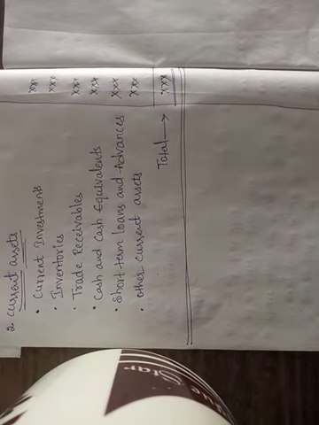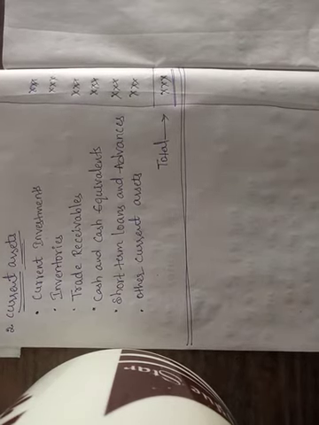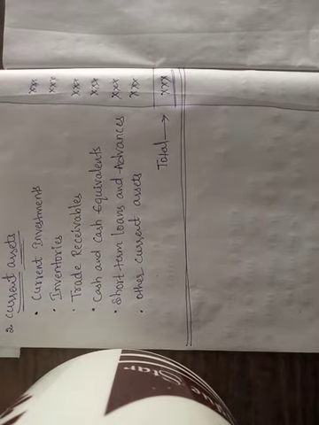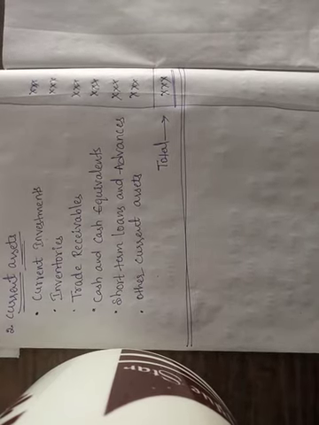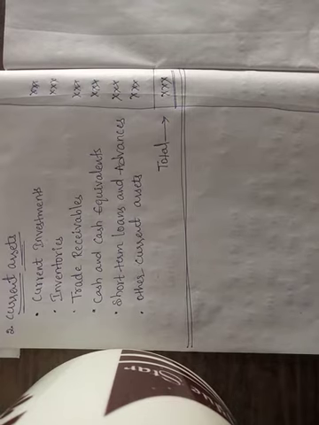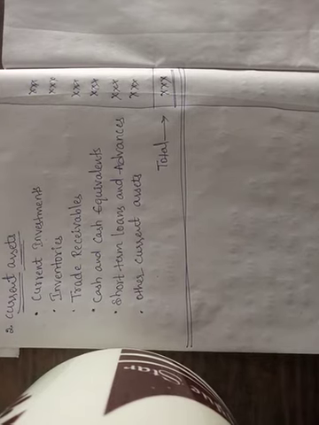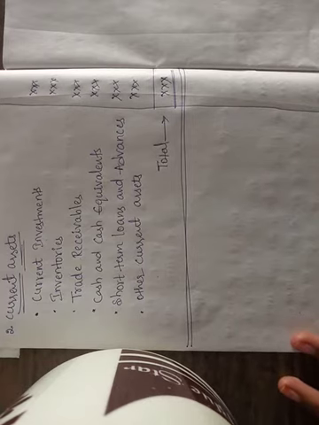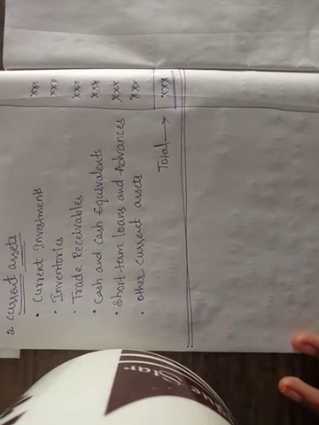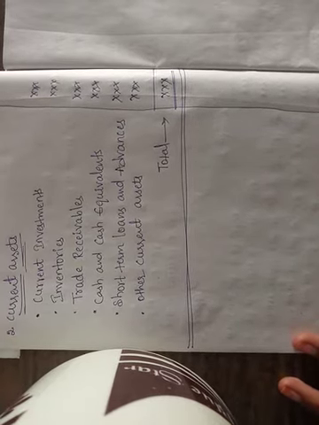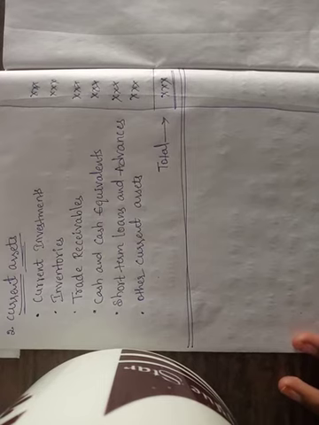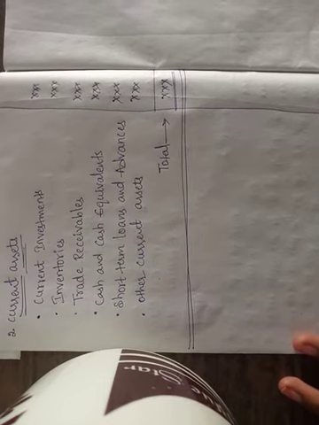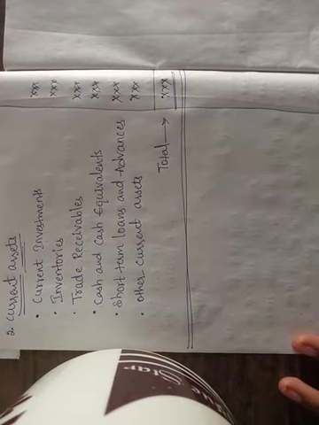Then only your balance sheet is correct, otherwise wrong. You know what the assets are and what the liabilities are. So first you will calculate and total all the liabilities, and after completing the liabilities, next you will do the asset side.